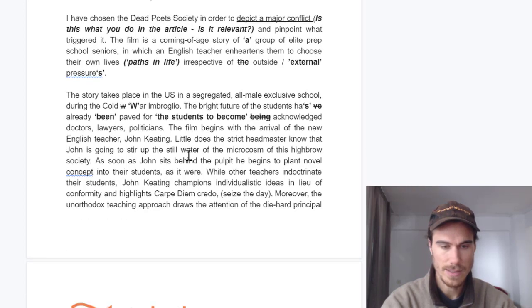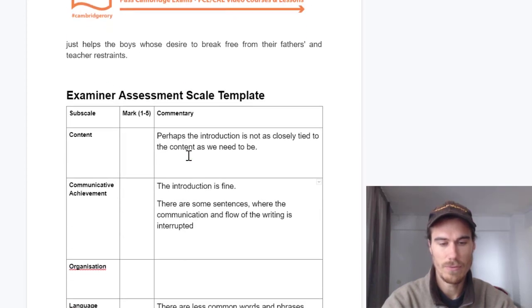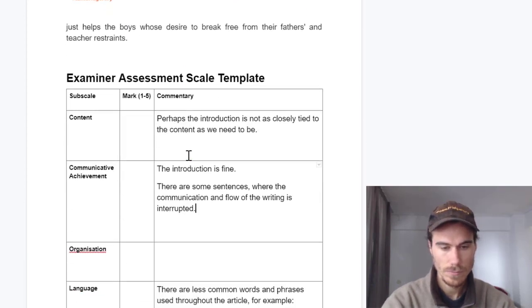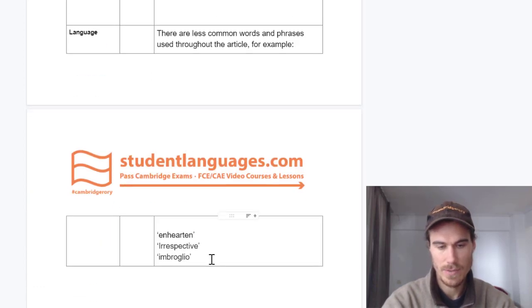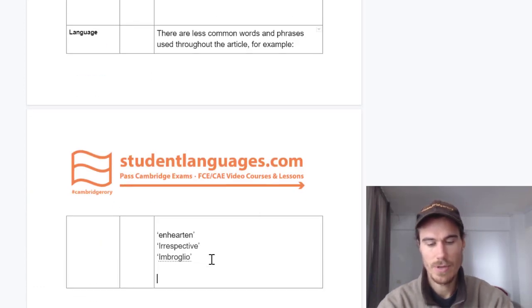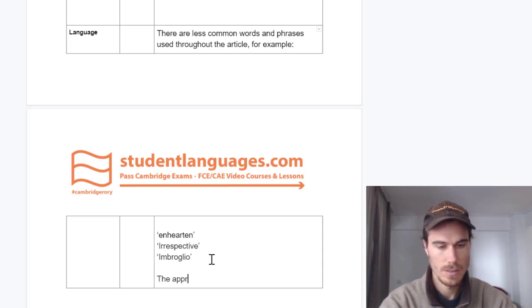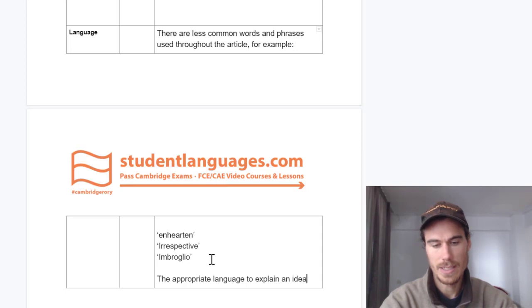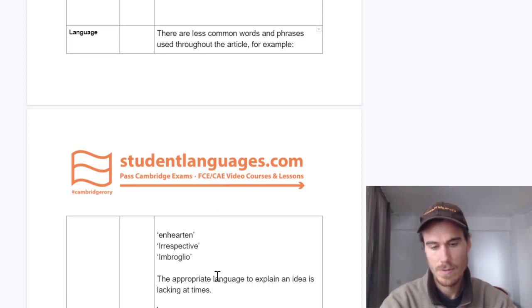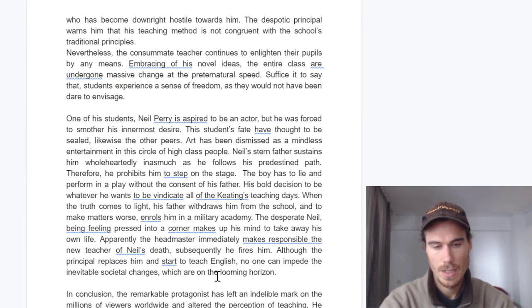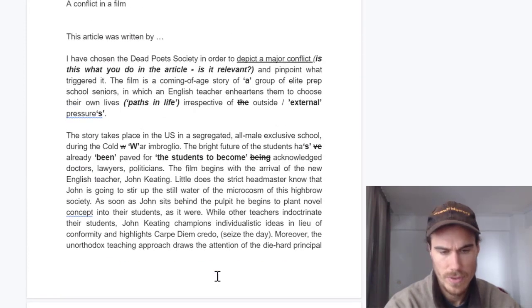It's just written incorrectly. Perhaps it could be something to do with lacking the appropriate language to explain an idea at times. So maybe it is a bit about vocabulary, but it's not entirely to do with vocabulary.